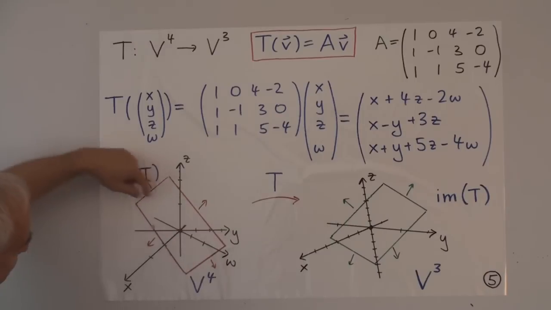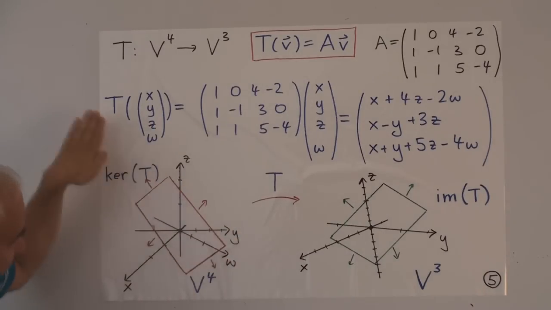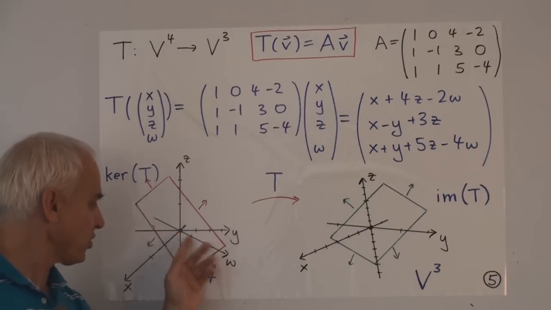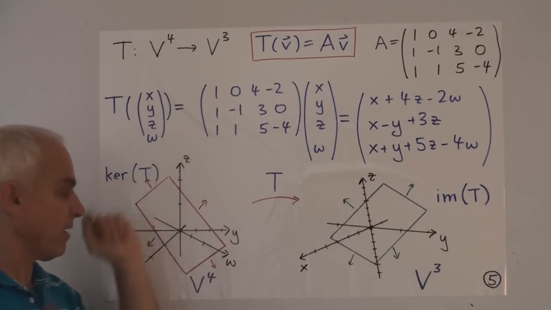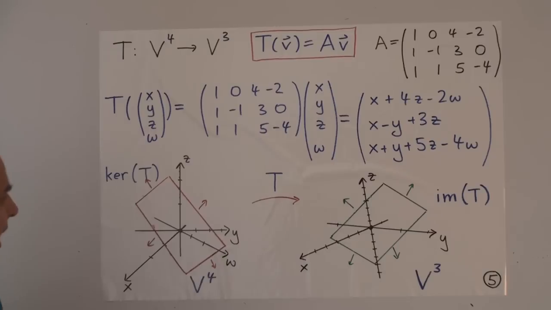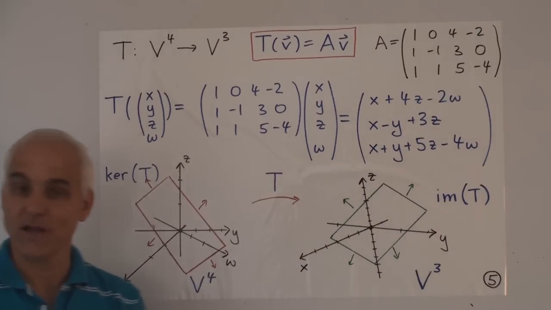And I've represented it here by this rectangle, but you should think of this as a two-dimensional plane that goes through the origin, and it goes indefinitely in different directions. But it's all just two-dimensional. And that space is called the kernel of the linear transformation. KER stands for kernel. That's half of what we're going to need to understand the linear transformation.